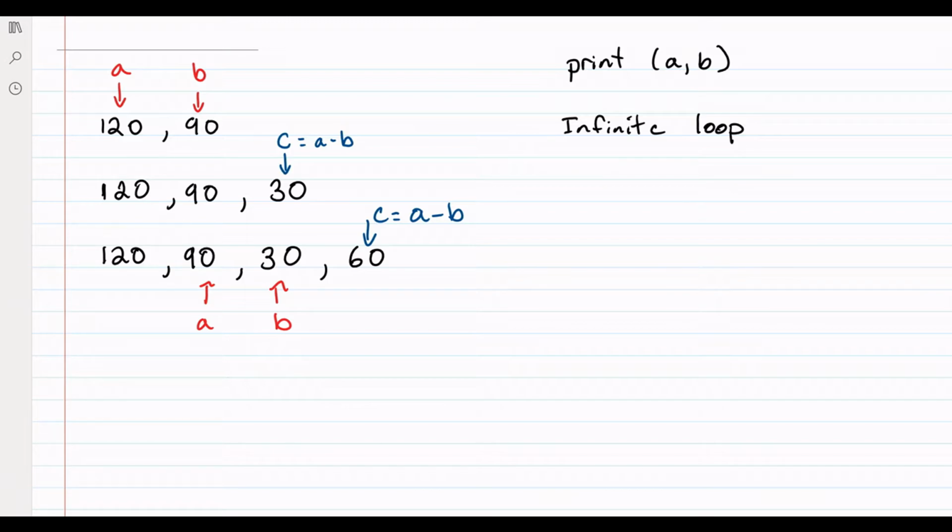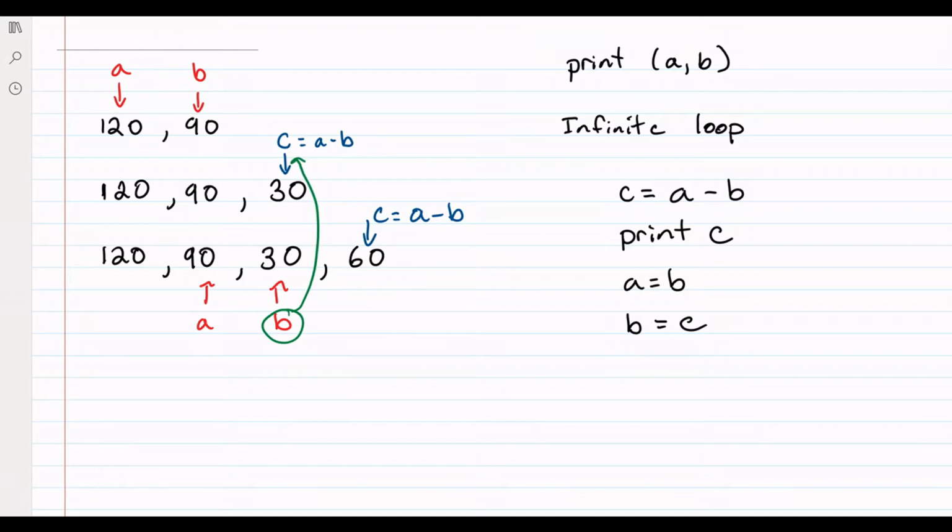Okay, what we can do is in the loop we can say C equals A minus B. And then we can print C, and then what has to happen is after I've calculated C, then I can say A equals B and B equals C. Because B is equal to the old C, and A is equal to the old B. Okay, so this would print the sequence forever.